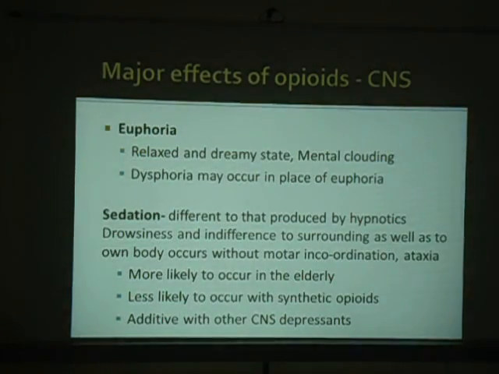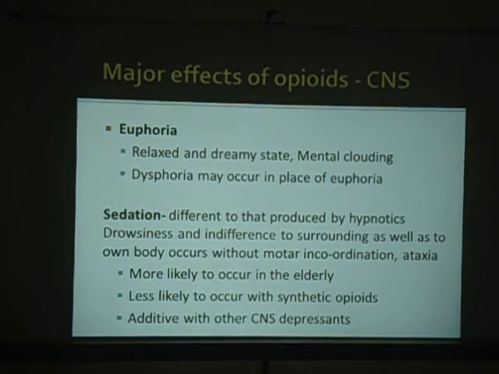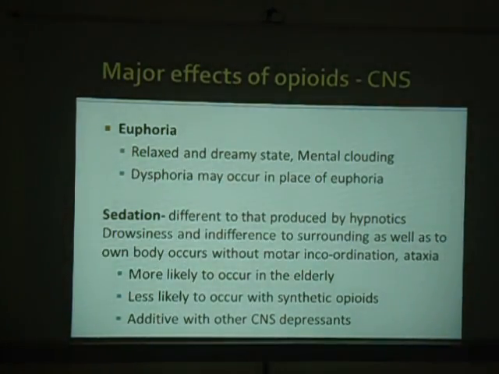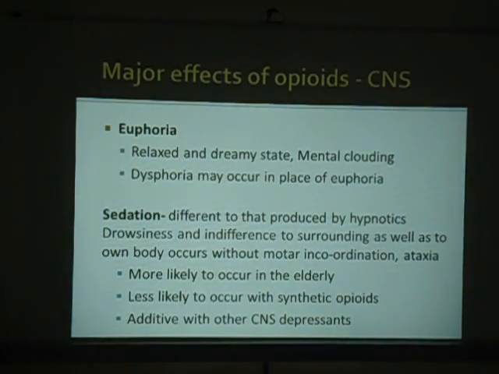Euphoria is the effect which has driven most persons to abuse or addiction. We have to see that this character is dangerous and can cause addiction. Then sedation. The sedation produced by classical hypnotics is different from that produced by morphine and its derivatives.